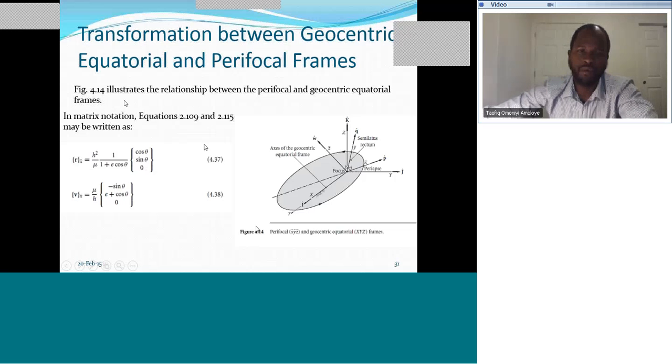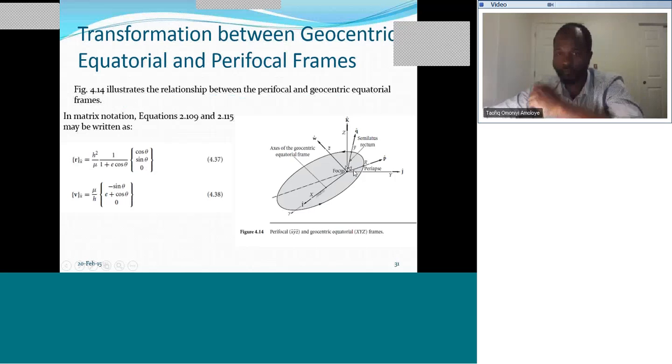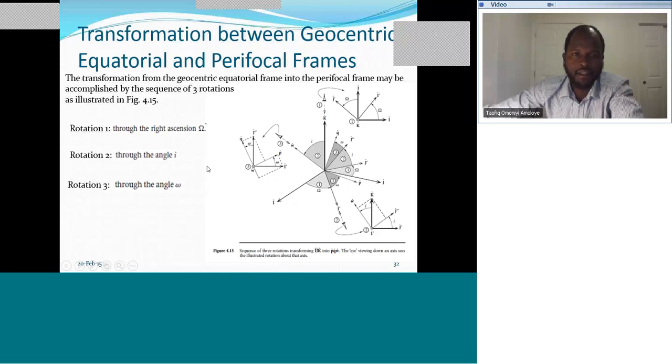Figure 4.14 illustrates the relationship between the perifocal and geocentric equatorial frames. So we move on. The transformation from the geocentric equatorial frame into the perifocal frame may be accomplished by a sequence of three rotations, as illustrated in figure 4.15.